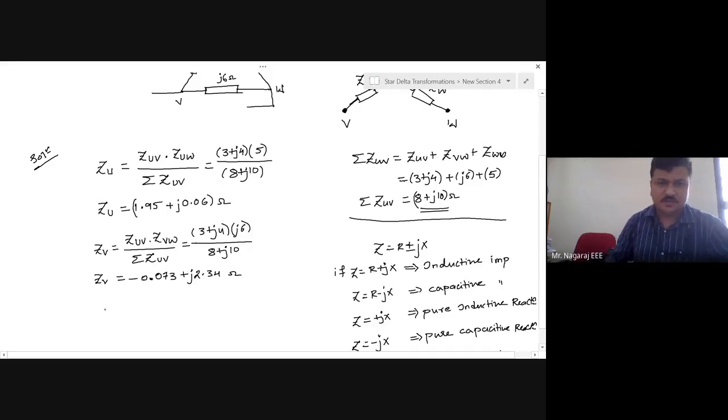Next, ZW is equal to ZVW into ZWU divided by the summation of Z, where ZVW is J6 and ZWU is 5, divided by 8 plus J10.